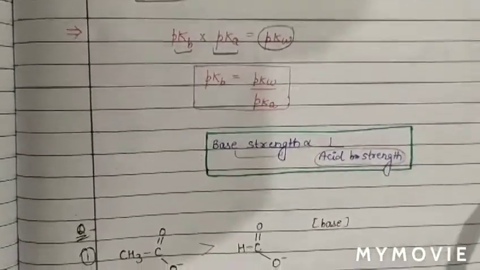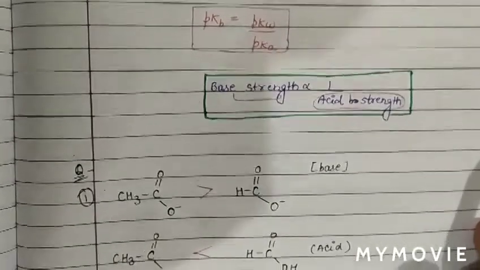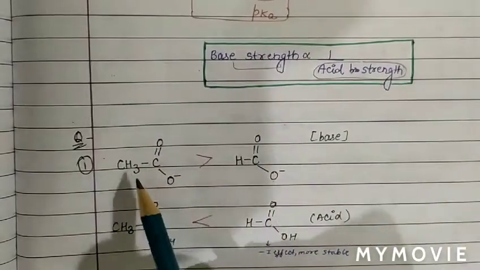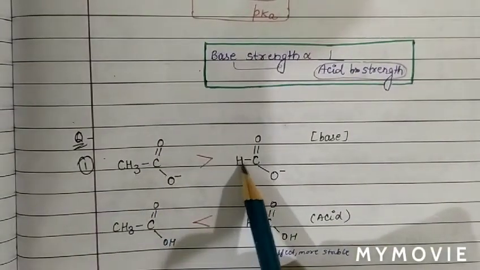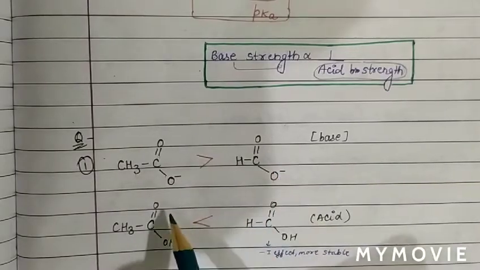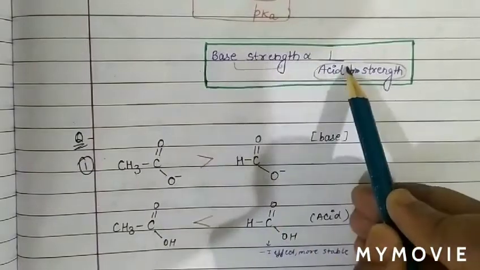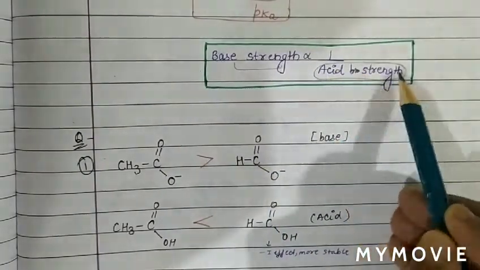Now see, two bases are given and we have to compare their basic strength. So one of the bases given is acetate ion CH3COO- and another is HCOO-. So basically we will compare the basic strength with the help of acidic strength. So compare the acidic strength.